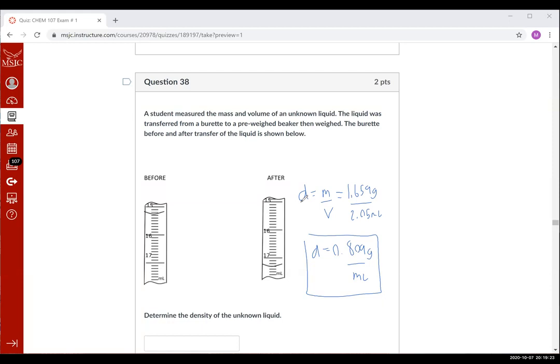This is very similar to the question that you had in the lab, except this time you're looking at a liquid and you're measuring the volume using a burette. Does that make sense to everyone?